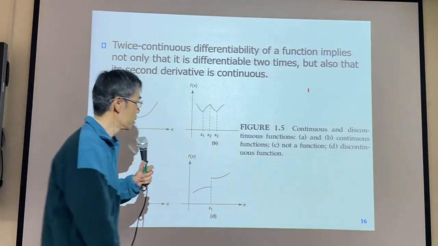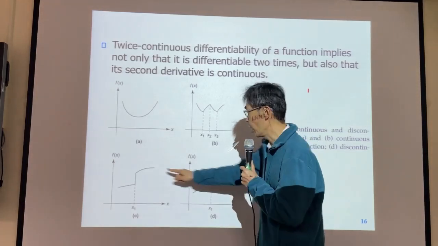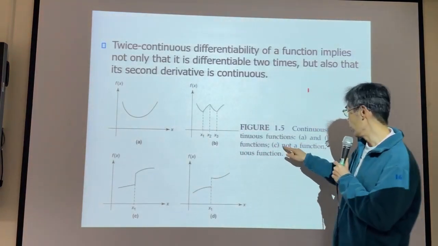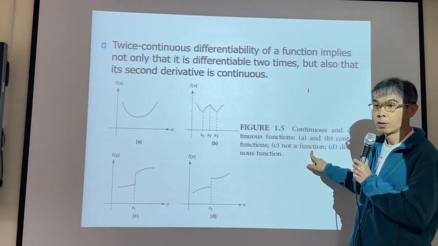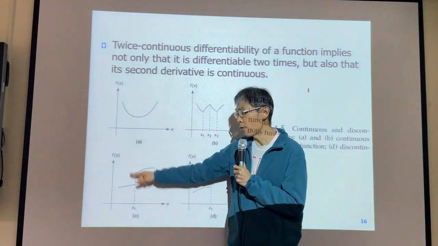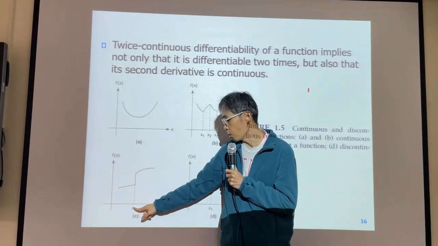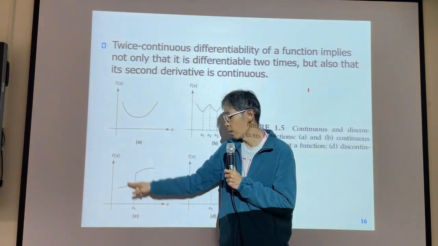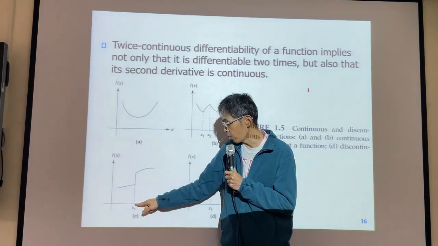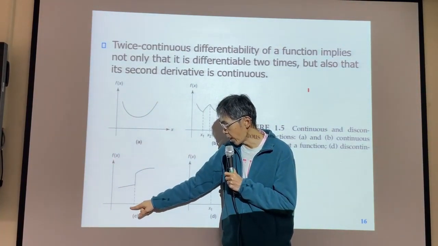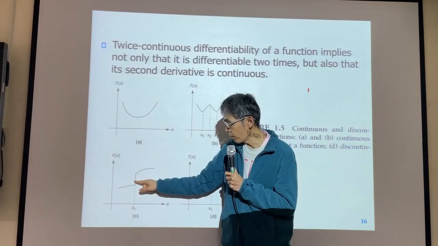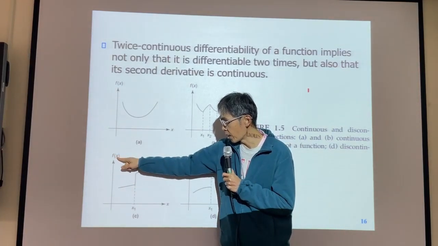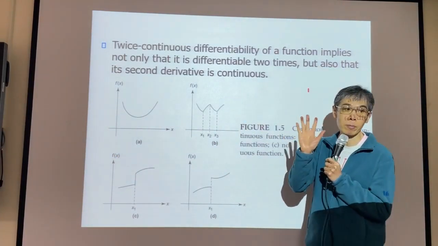So this is not a function, because a function means for each x we only have one f(x). But for this case, at x equal to x1, we have several values of f(x1), so it's not a function.